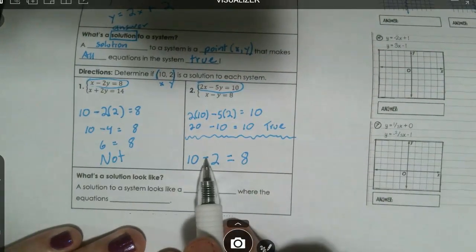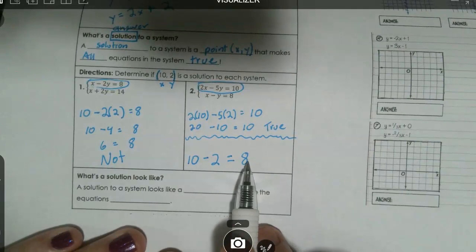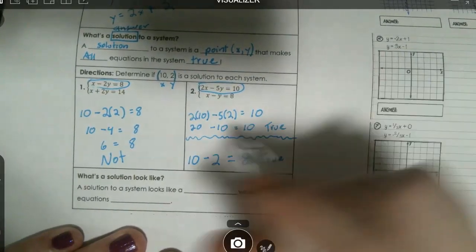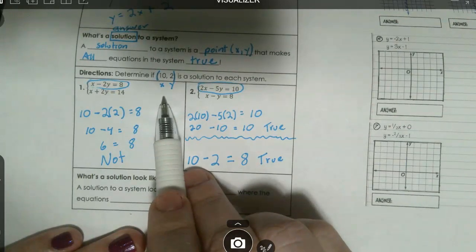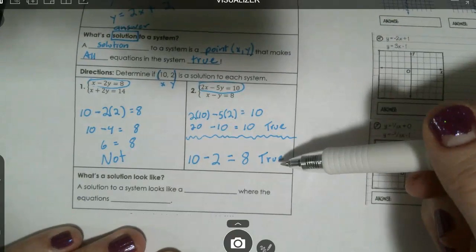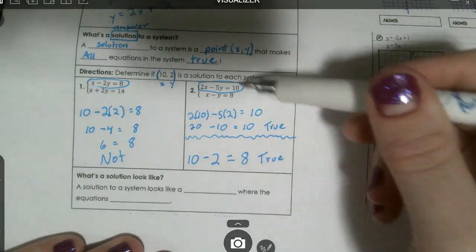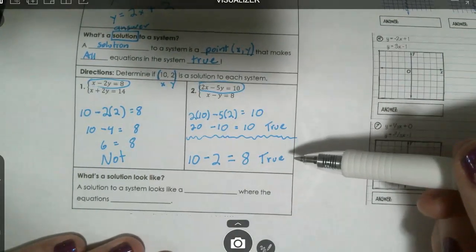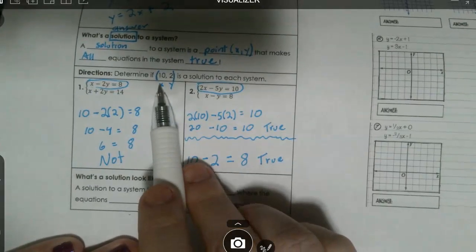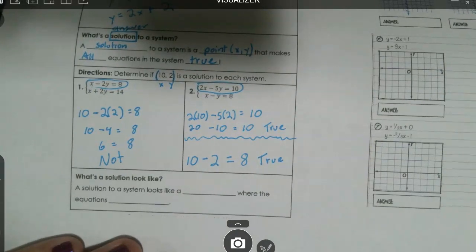Is 10 minus 2 8? Yes, this is true. So because this point was true in both of the equations, it is the answer to this system of equations. What we're looking for is a point, an x and a y, that is true.